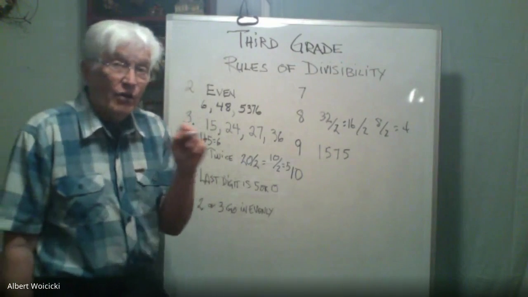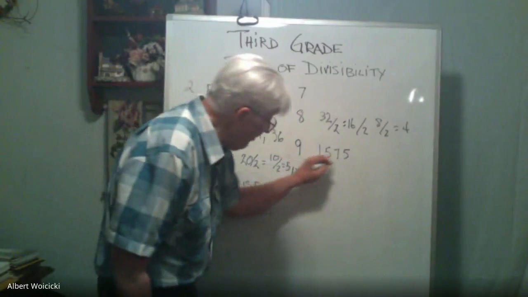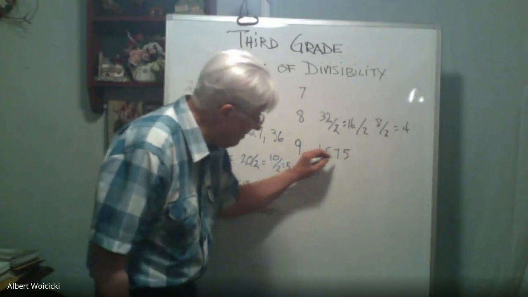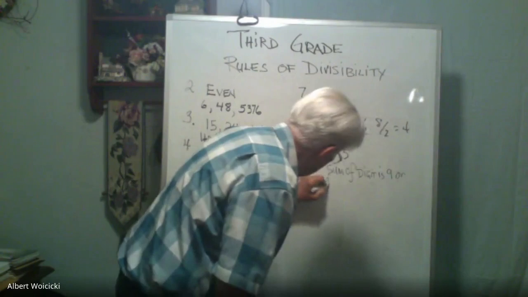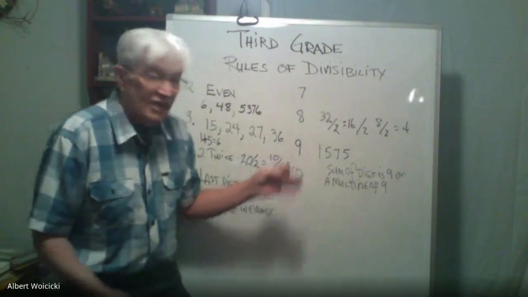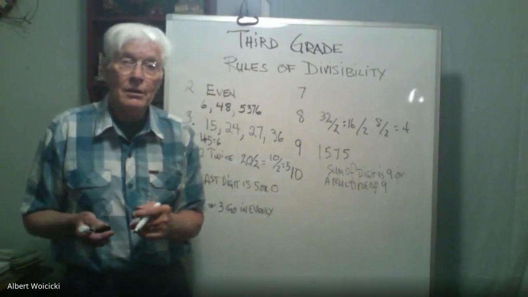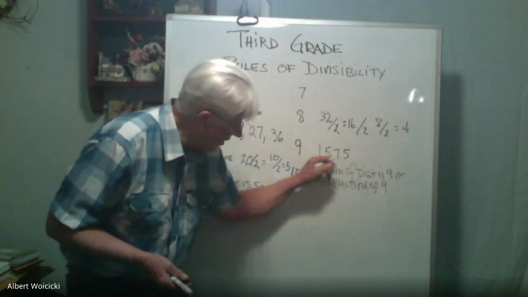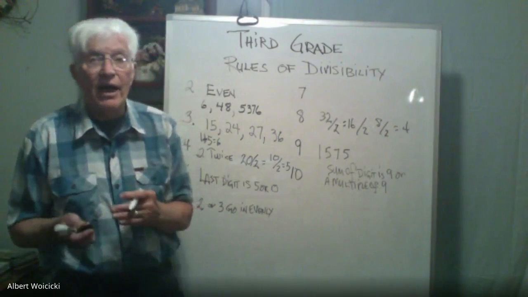That means 9 goes into 18 twice. That means this number has to be divisible by 9. I know that because the sum of the digits is 9 or a multiple of 9. So a number that doesn't even look like something that would be divisible by 9 is, simply because the sum of the digits, 6 and 12 makes 18. That means it has to be divisible by 9.